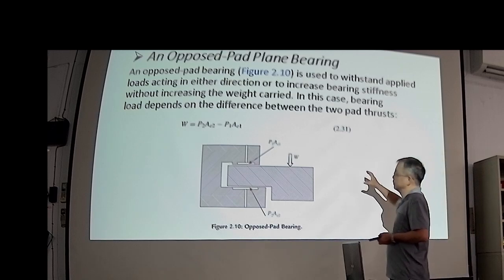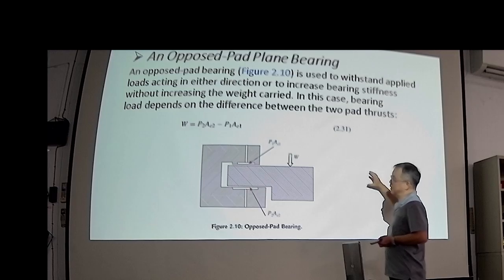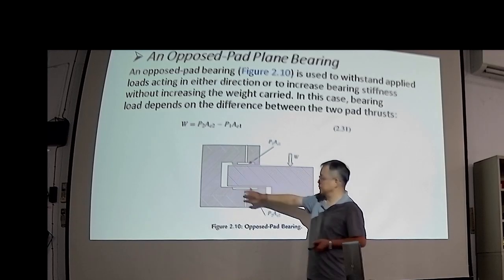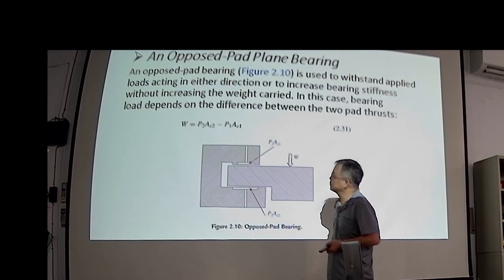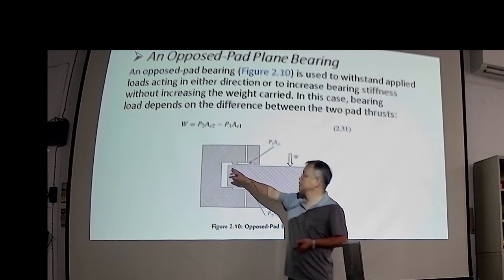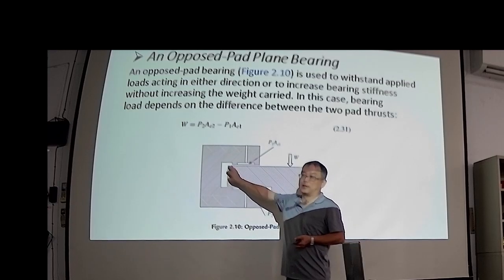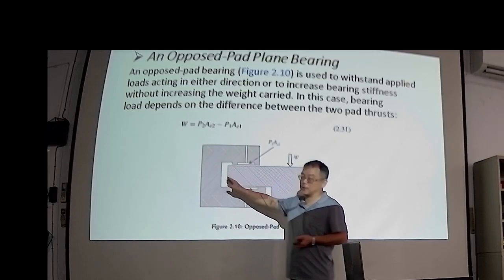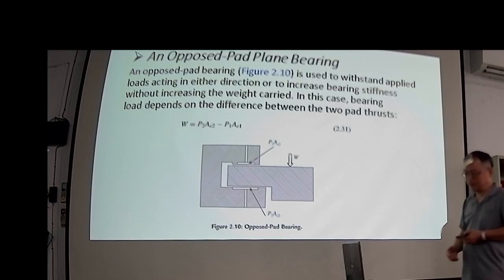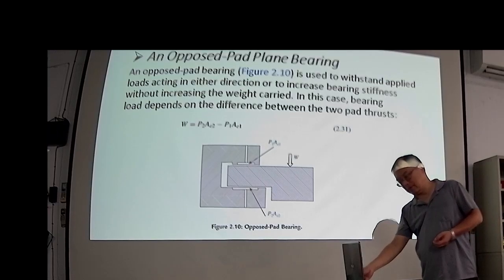So if you have another side with the same opposite type isostatic bearing, sometimes we have another design here. So this hydrostatic bearing we call the closed form isostatic bearing.